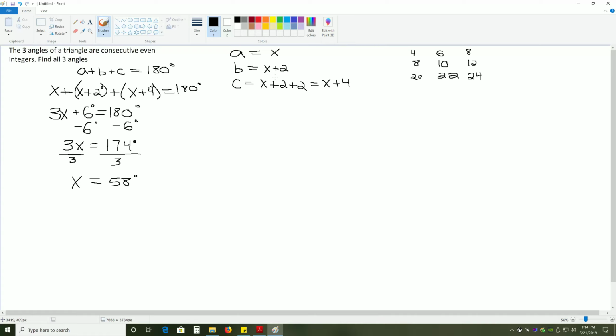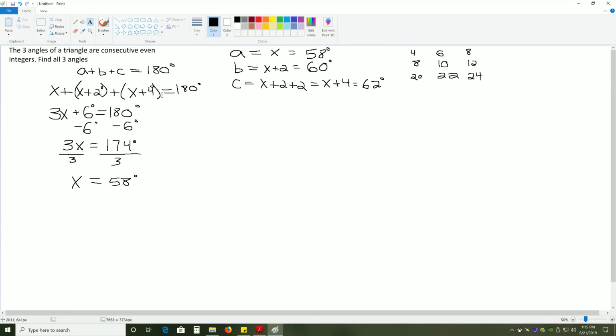That represents our value for A. Since A is equal to x, A is equal to 58 degrees. Which means B must be equal to 60 degrees, since it's 2 more than that. And C must be equal to 62 degrees, since it's 2 more than that.